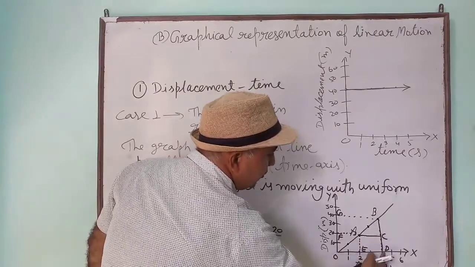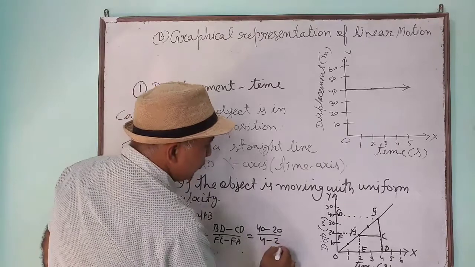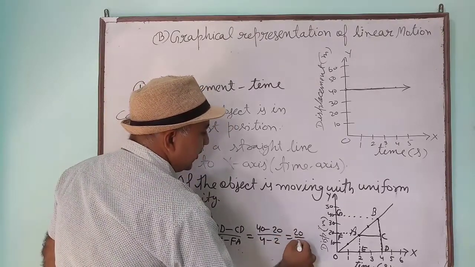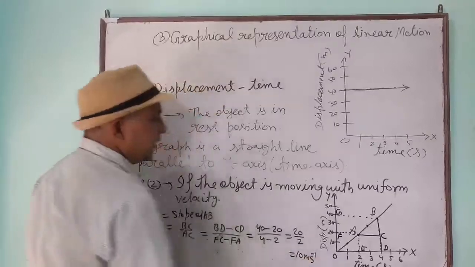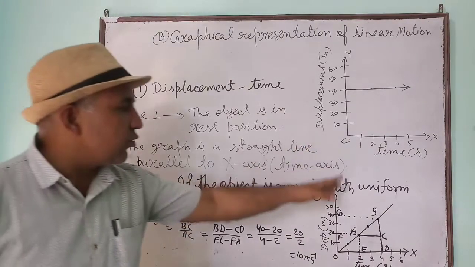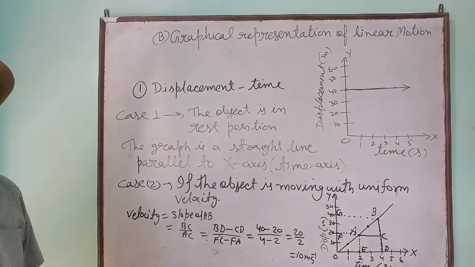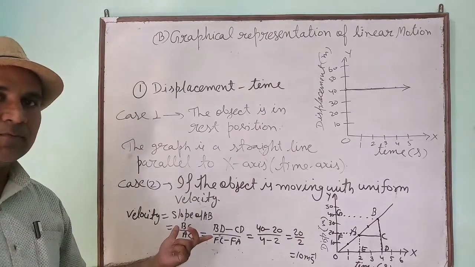FC is equal to OD here, that means 4. 4 minus 2. 40 minus 20 is 20 upon 4 minus 2 is 2, that means 10 meter per second. Because we are finding the velocity, this slope will give us the velocity, that means 10 meter per second is the velocity. Have you seen how to draw the graph?